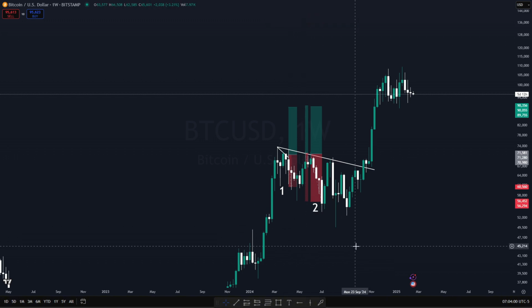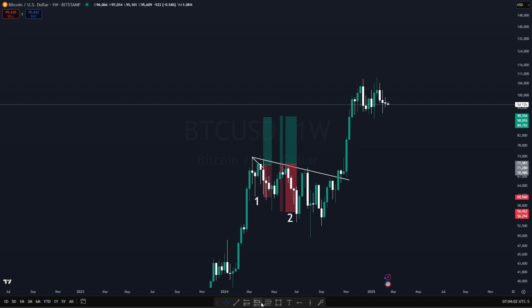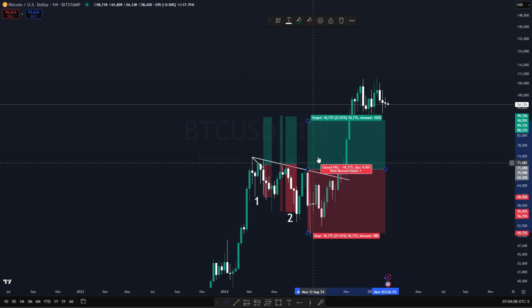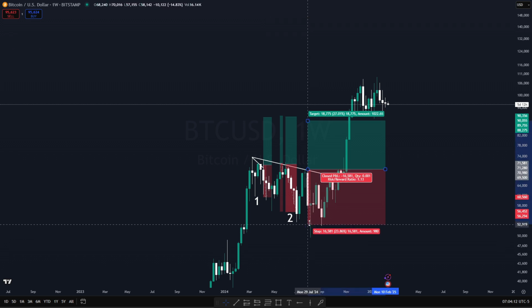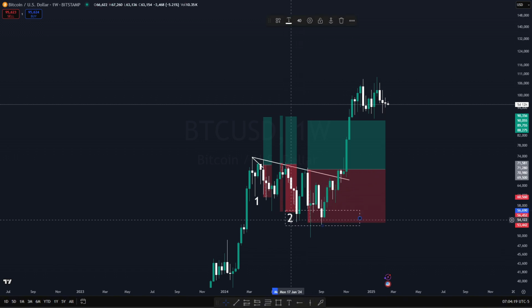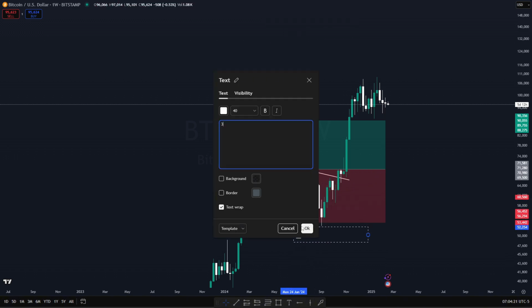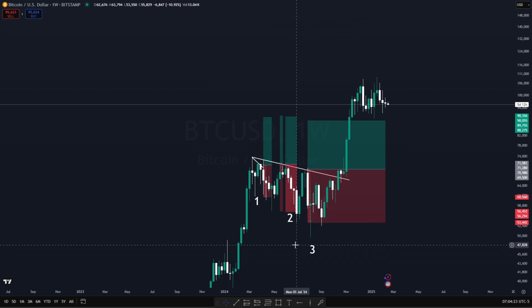Now what happens? Well, we get another piece of inducement right there, right? Retail goes long. Another trend line breakout. Another sweep, right? Where do they put their stops? At this low, right below here.